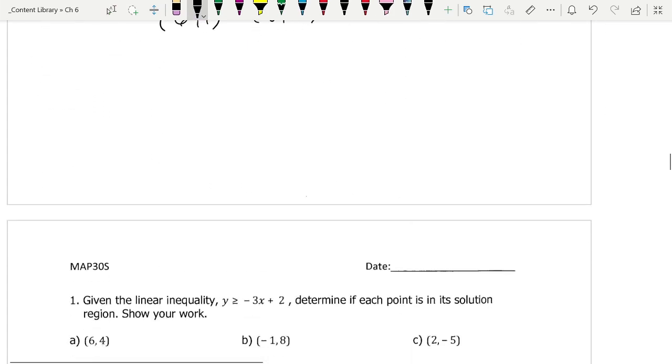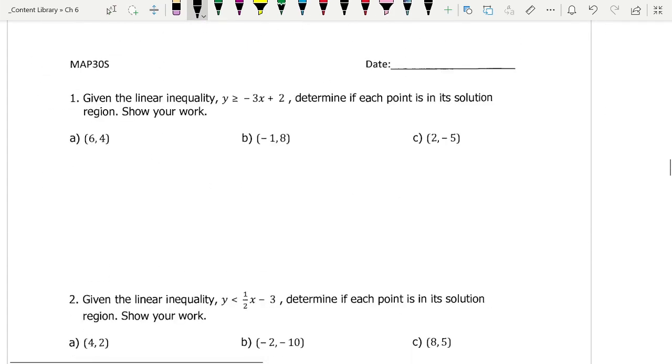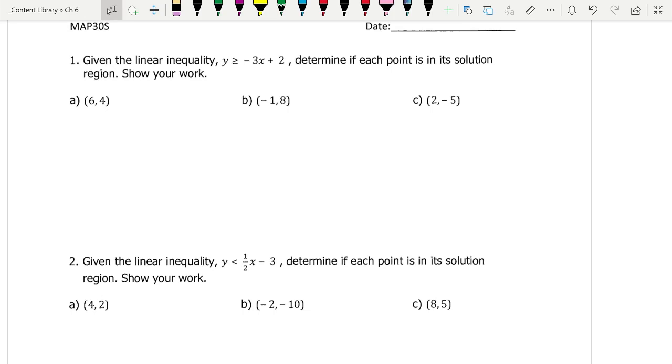All right. One last type of thing we can do with these. And this one we don't have to graph. We just have to do arithmetic. Is this a solution to that? Well, let's check. Remember that this is my x coordinate and this is my y coordinate. So if y is 4 and x is 6, is this a true statement?